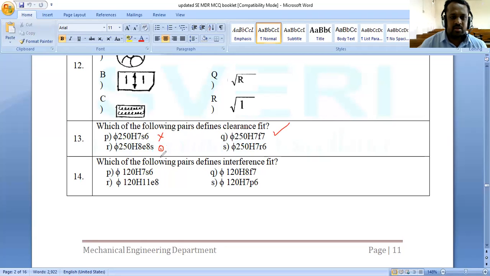Okay, E8, suppose H E, you consider like this. It is clearance, no problem. You can take that section. That point also we will discuss later on, if such type is given.